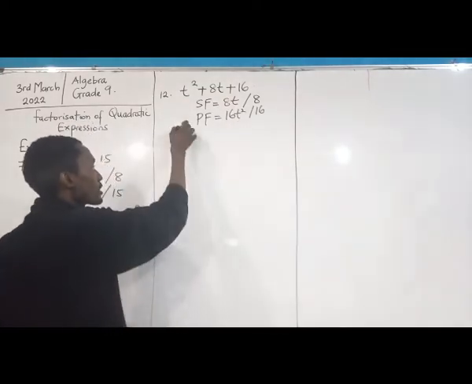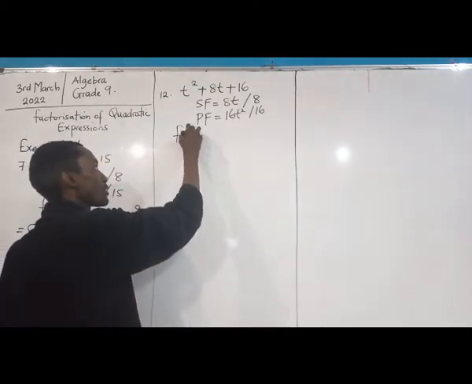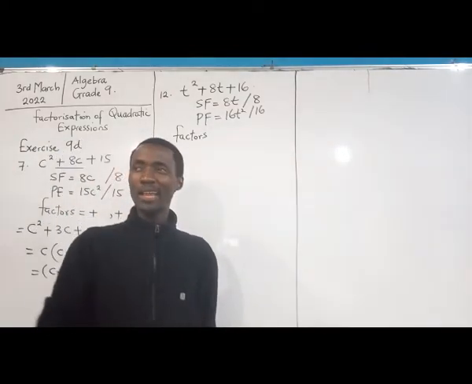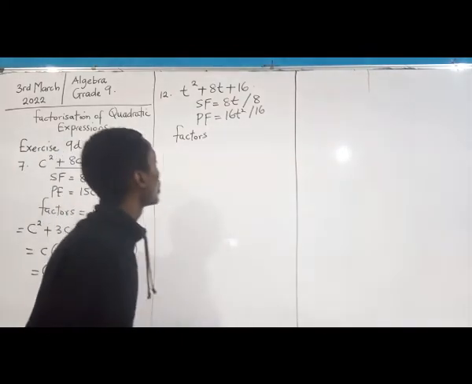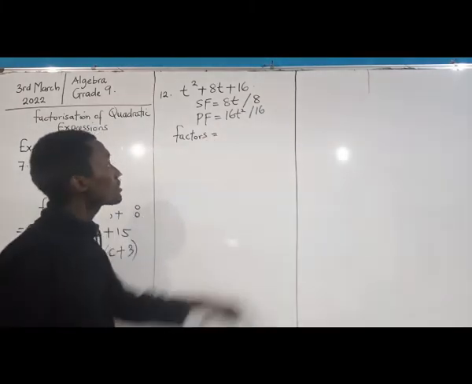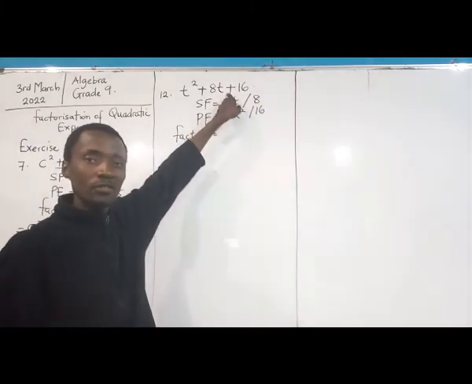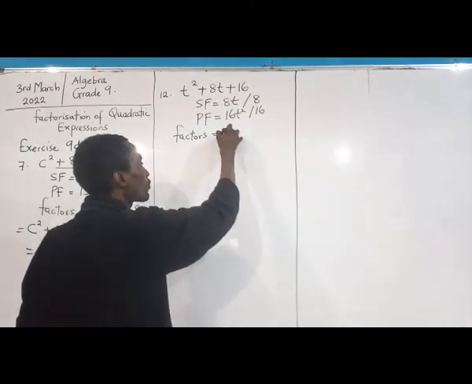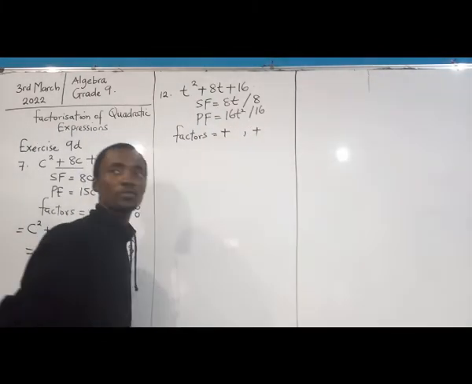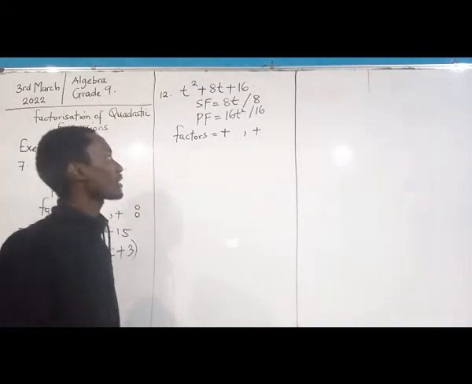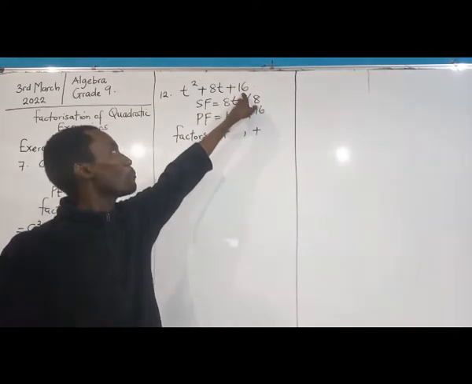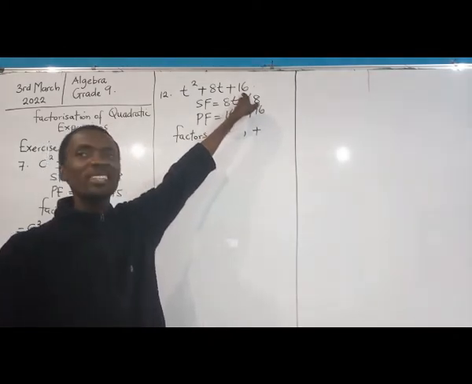The next thing we look at will be the factors. From our case study we had, I think that was in part 2 or part 3, you discover that because the product is positive and the sum is positive, the factors I'm looking for must both be positive. The next thing you look at now is the product. What two numbers will I multiply to get even?